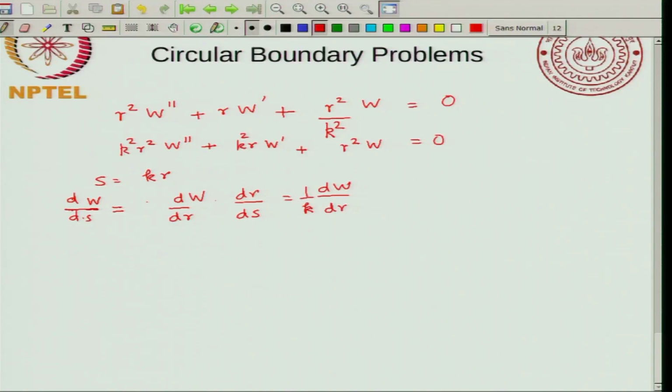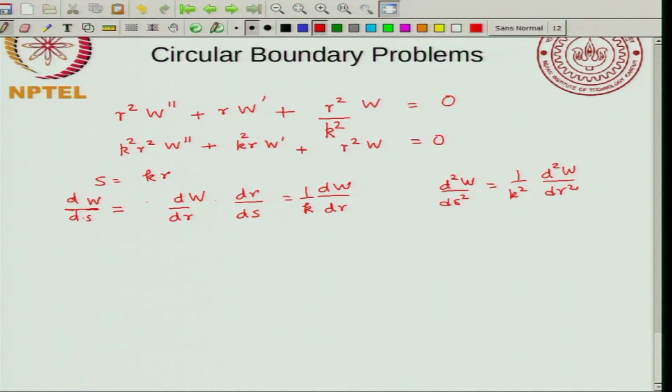Similarly, d square w by ds square is equal to 1 by k square d square w by dr square. Okay. So, dw by dr I wrote as w prime.